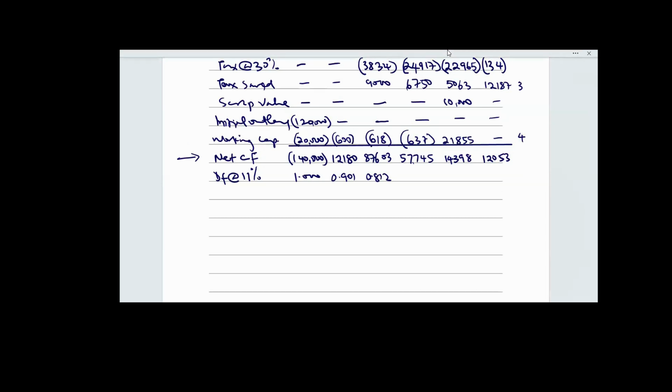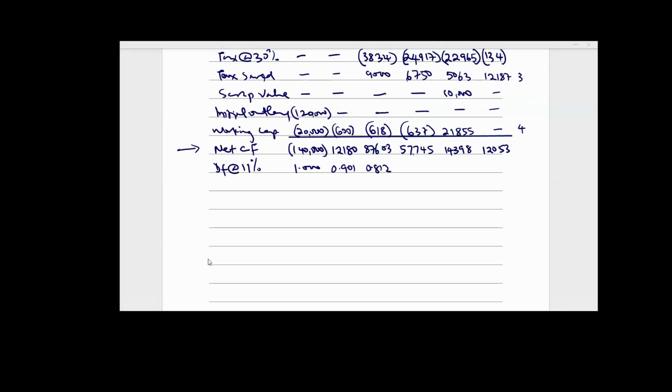Year 3 is 0.731. Year 4 is 0.659. Year 5 is 0.593. So let's get the present value.